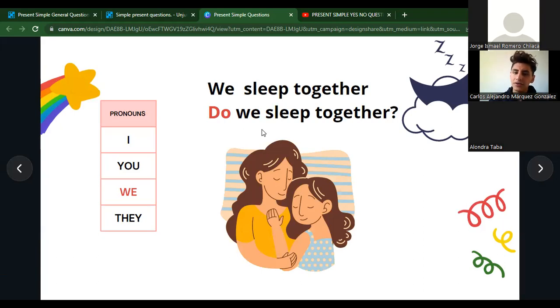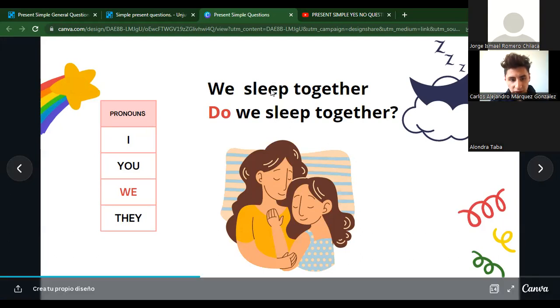Do you have any idea about the meaning of those sentences in Spanish? It's according to the picture, okay? We sleep together. Do we sleep together?